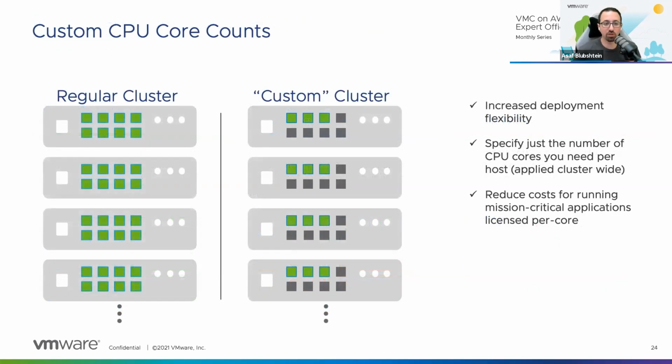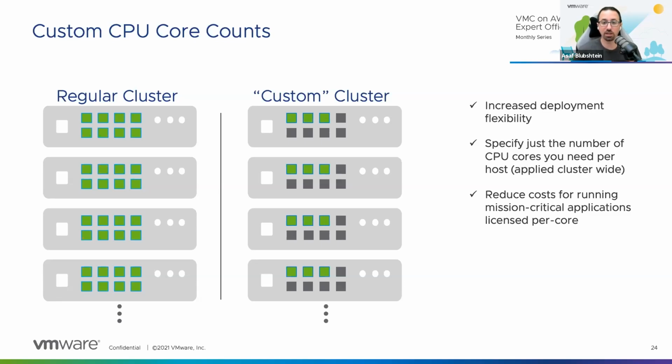And one other thing that is important when you design your SDDC or you bring in a new workload is custom CPU core count. This is a feature that we have enabled in VMC for a long time, where basically it allows us to limit the number of CPUs at a hardware level that are exposed to a specific ESX host.